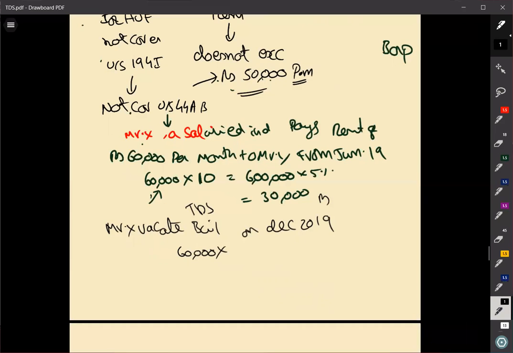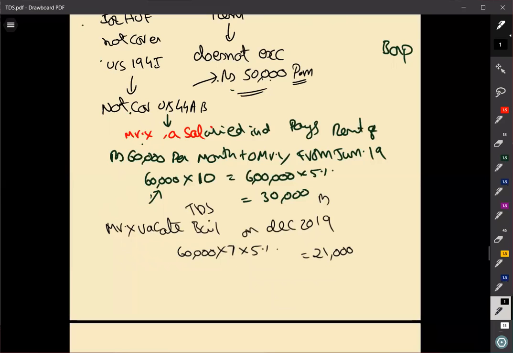Only 7 months: June, July, August, September, October, November, and December. As he is paying the rent for 7 months, you need to deduct the TDS for 7 months. So 60,000 into 7 is 4,20,000. 4,20,000 into 5% gives 21,000, which is the TDS.